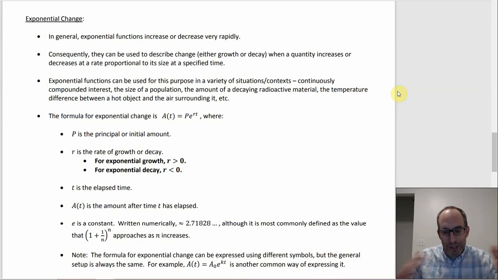So continuously compounded interest is, instead of doing it every year, or every month, or every day, you're doing it all the time. And so that basically gives you a situation where the amount that's in the account is always getting bigger, and that's forcing the rate of change to keep getting bigger. And so this ends up being a situation where we can apply this sort of function.